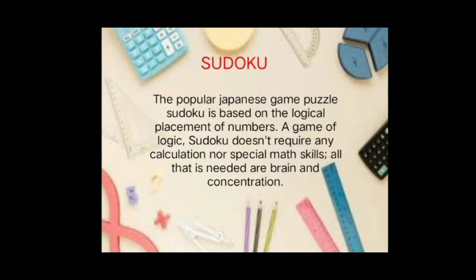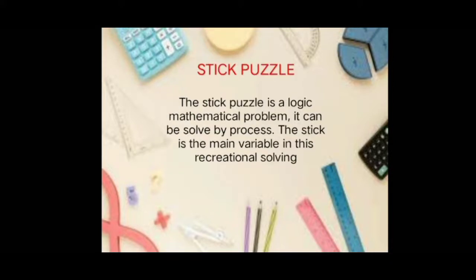A game of logic, Sudoku doesn't require any calculation or special math skills. All that is needed are brain and concentration. Stick puzzle. The stick puzzle is a logic mathematics problem. It can be solved by process. The stick is the main variable in this recreational solving.